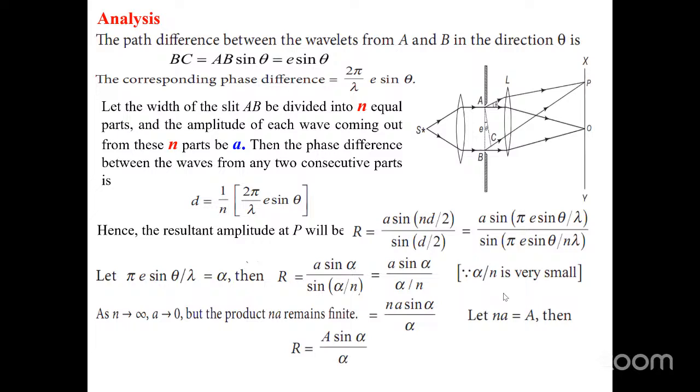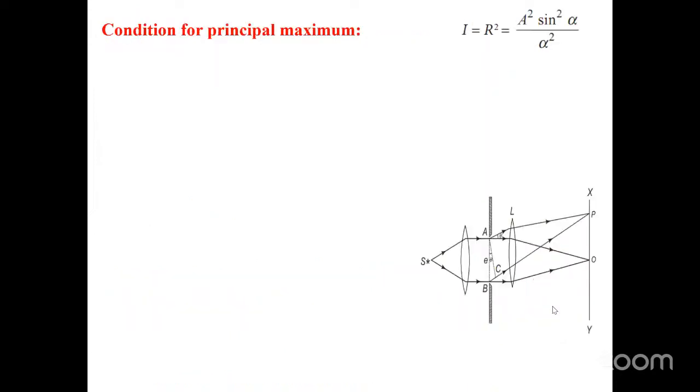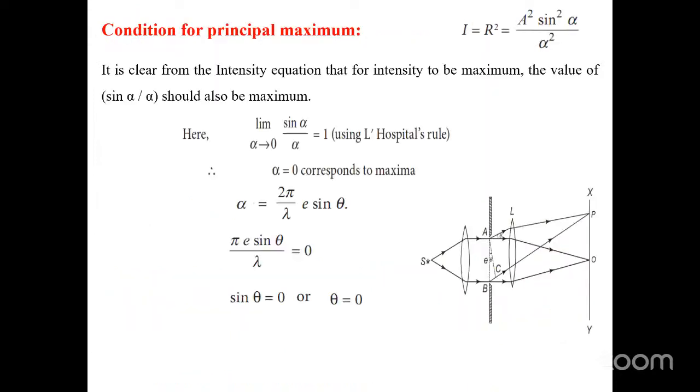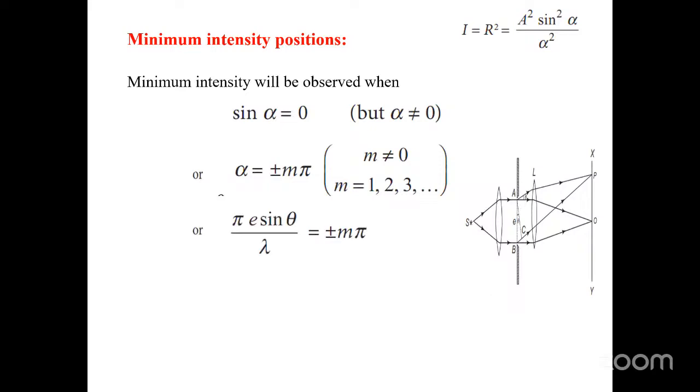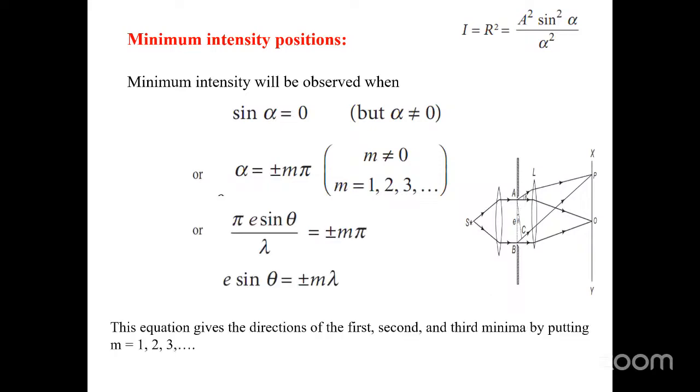So the intensity at a point P is I equals A square sine square alpha by alpha square. What are the conditions to get the maximum intensity, if it is a bright one at point P? And if it is a dark one, that means minimum intensity, what condition must be fulfilled? Last class we already discussed this.